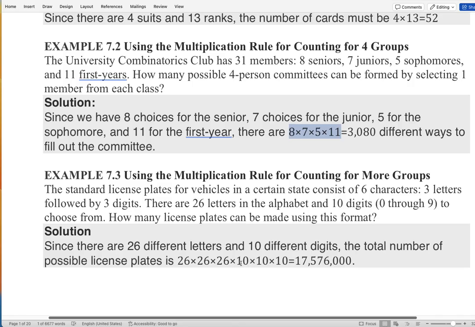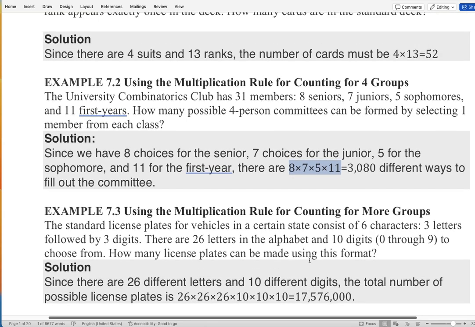So you multiply again by 10, by 10, by 10. This time you see we got a huge number. In the end, the result is, let me see if I can read it correctly, 17,576,000.